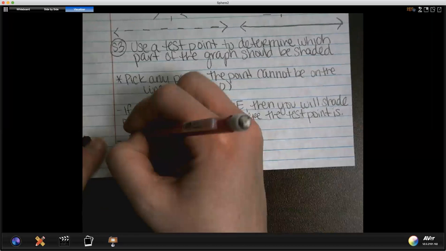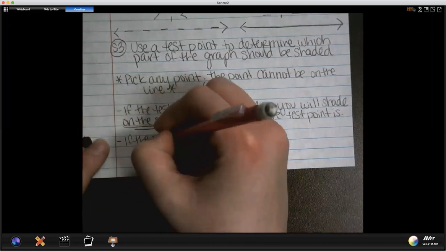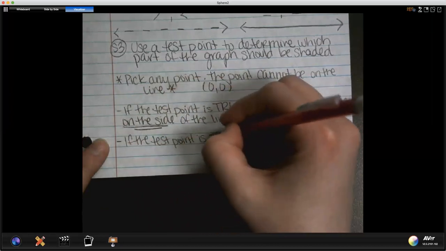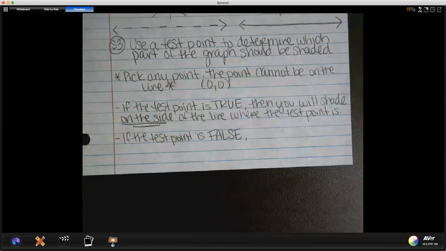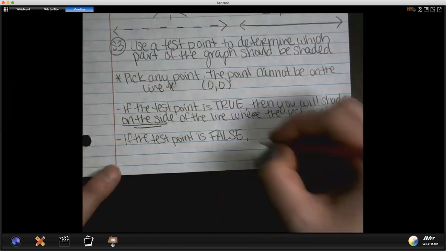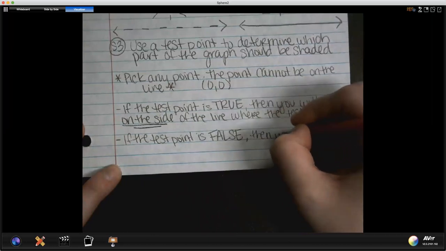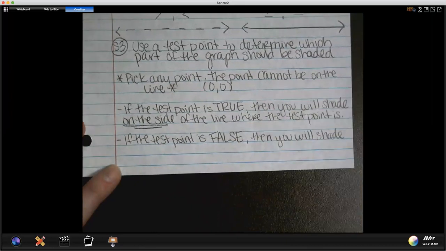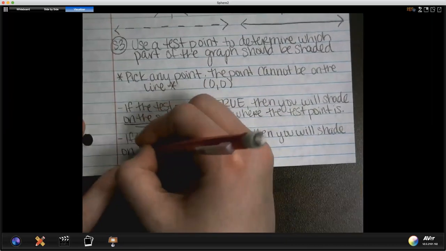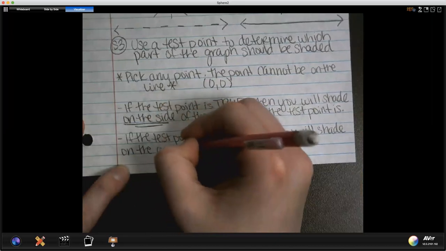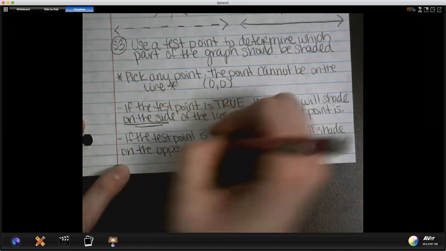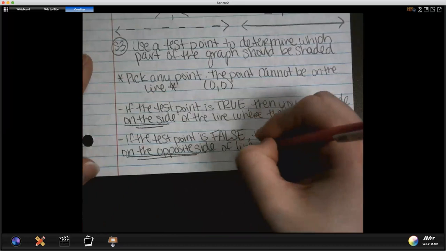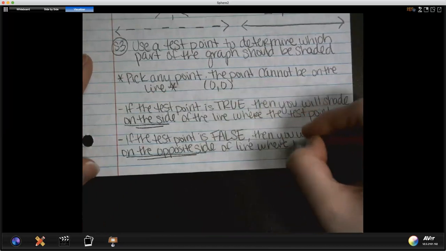Now, if the test point is false, then you will shade on the opposite side of the line from where the test point is.